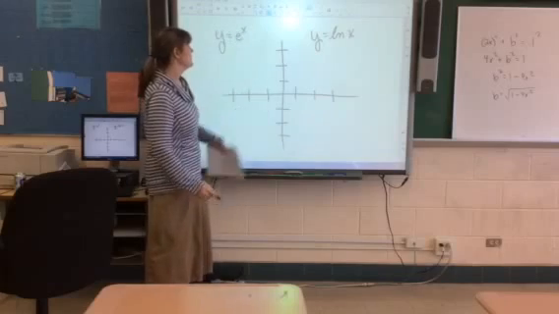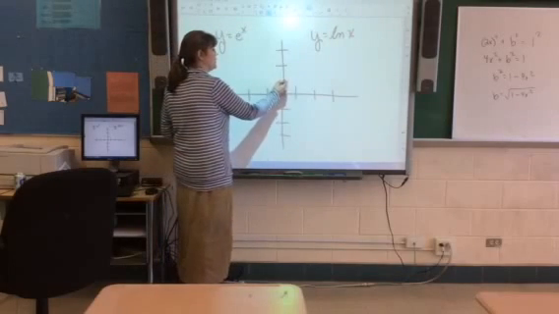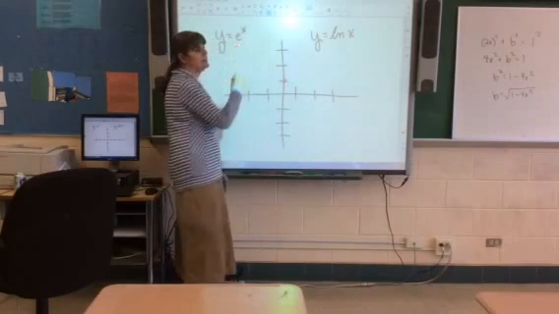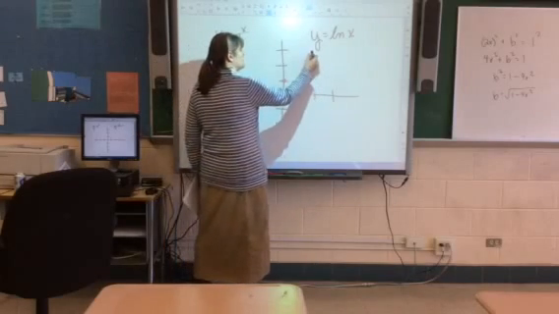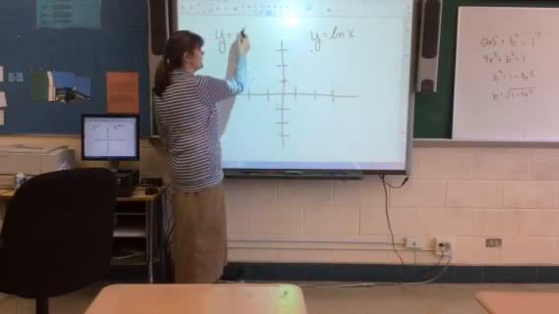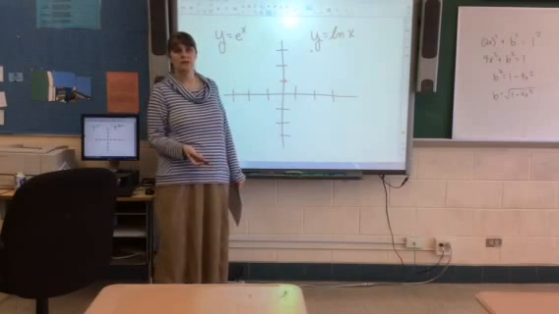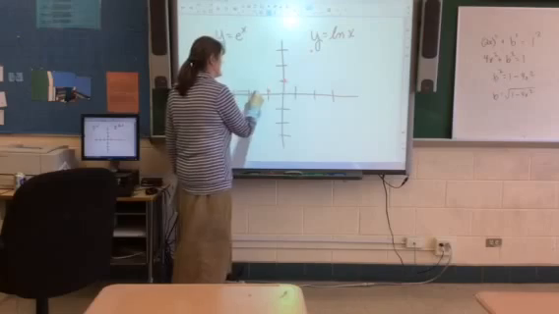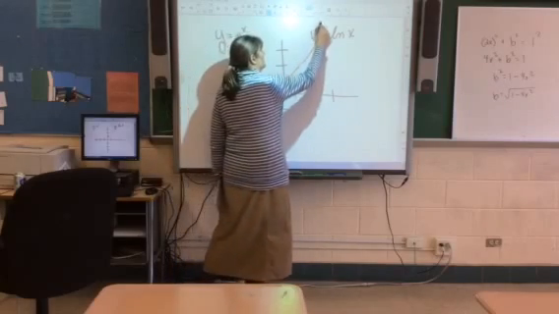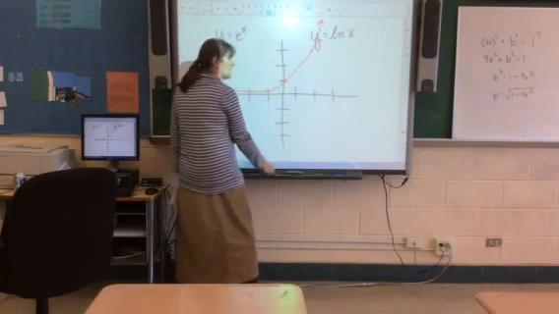If x is 0, then y is 1. If x is 1, then y is e, which is almost 3. If x is negative 1, then I get 1 over e, or almost 1/3. And that should hopefully be enough to jar your memory that, oh yeah, that's y equals e to the x.